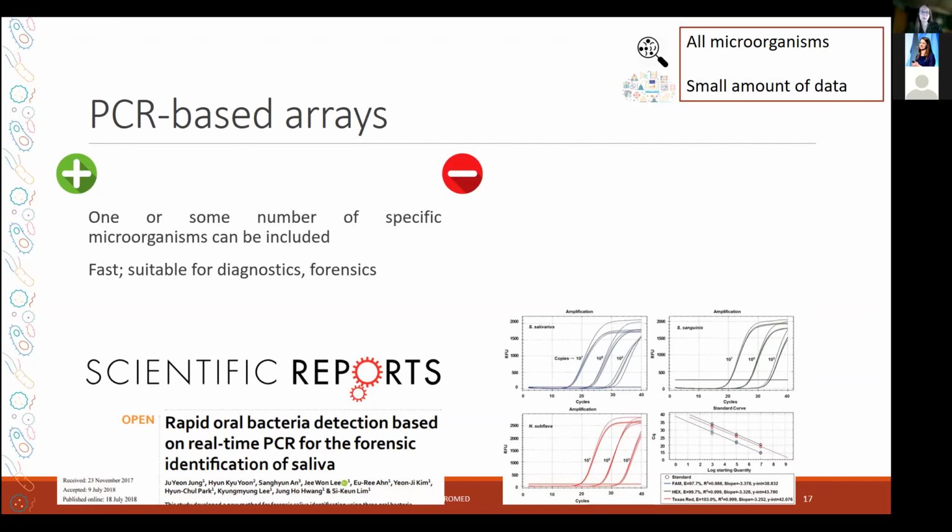If you just want to know if some pathogen is there, it's a fast and also cost-effective method for obtaining the data. However, data are limited to the array, so we wouldn't see any information outside that, and there could also be some PCR artifacts within our results.